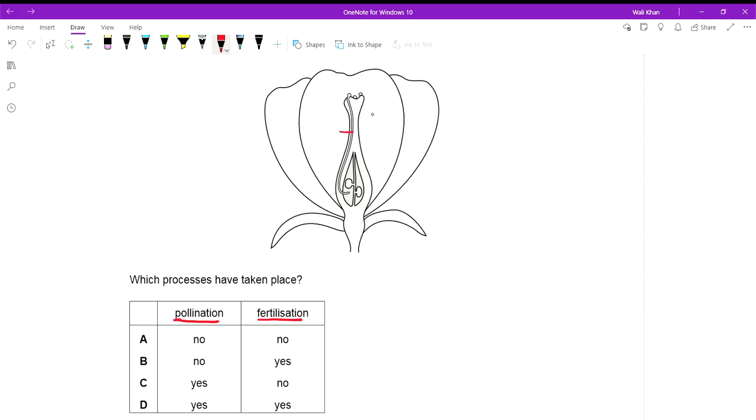This is the pollen tube. A pollen grain is staying on the stigma. So yes, pollination is going on. Then fertilization, no, there is no sign of fertilization. Only pollination is happening until now because there are no nuclei shown. So it is option C.